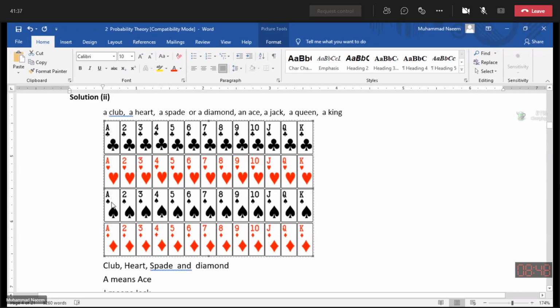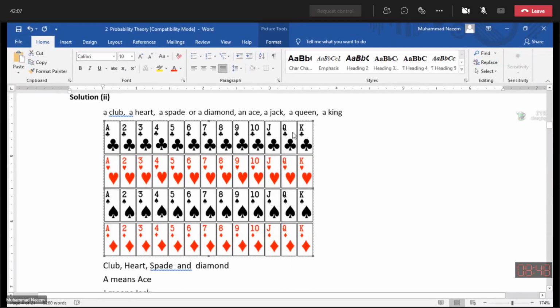These are the aces, with the letter A for ace. And these three cards in each category: J, Q, K, Jack, Queen, and King.